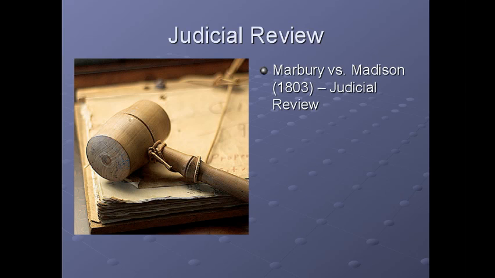Now, what judicial review basically means is when the Supreme Court reviews either a decision made by the president or reviews a law that has been passed by Congress and it's been challenged, and this is reviewed by the Supreme Court. So we call that process judicial review. The very first case of judicial review happened in 1803, called Marbury versus Madison.